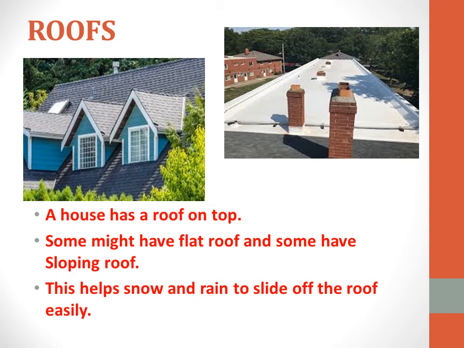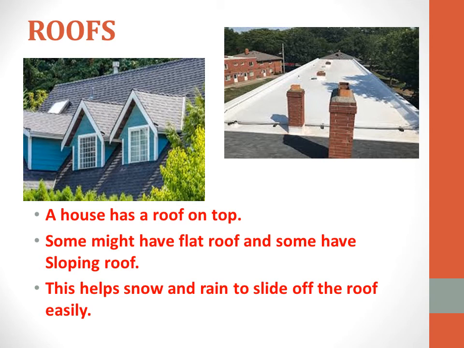The snow will slide down. So that's why we have two types of roof. One is slide roof and the next one is flat roof. When we take our houses, we have a flat roof. That's because we don't have snow here.